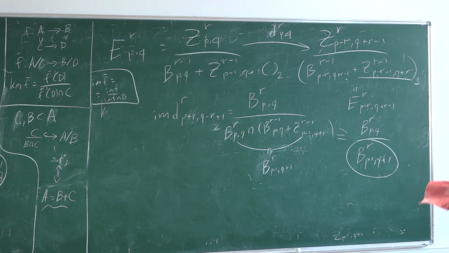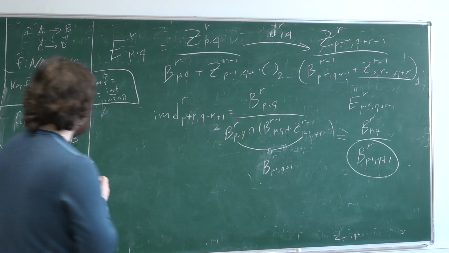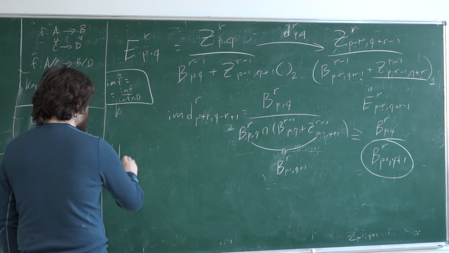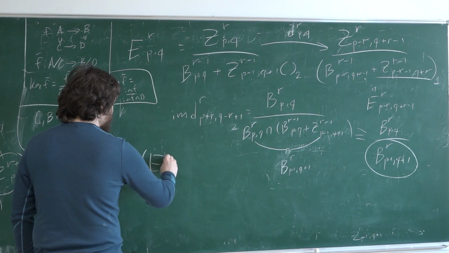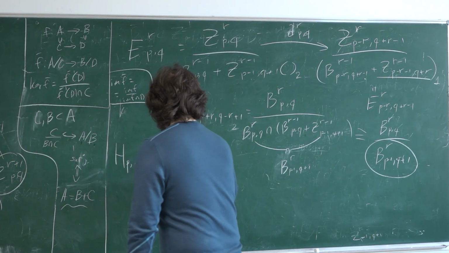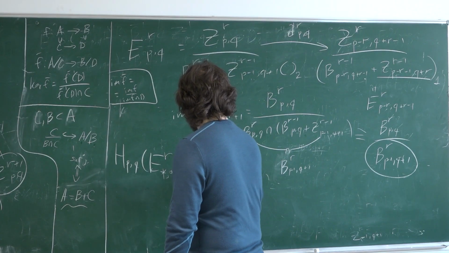Okay, it's my image. It's easier than the kernel. And so what is the homology? It's kernel modulo image. Homology PQ of my rth page under my rth differential.